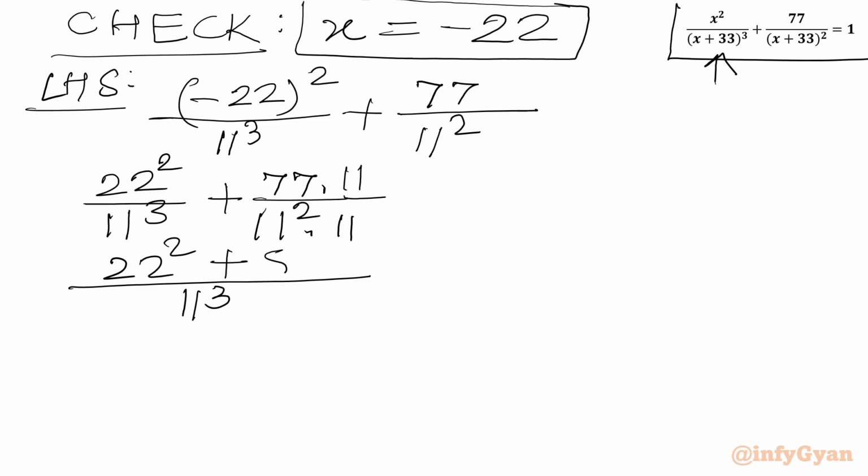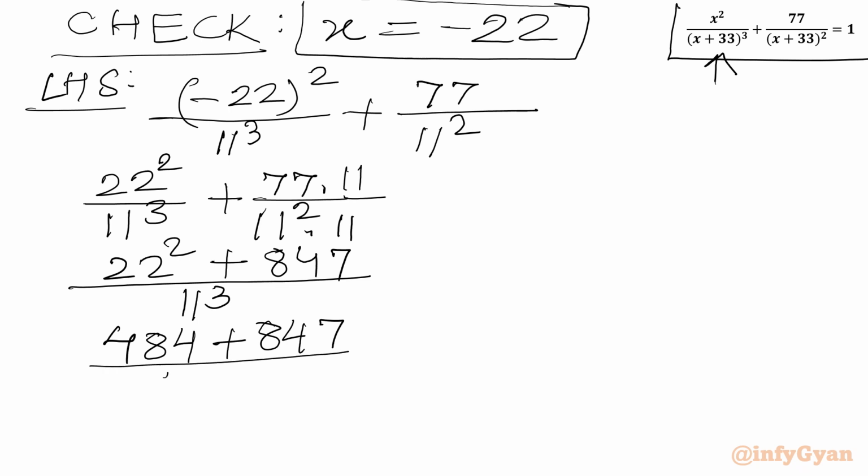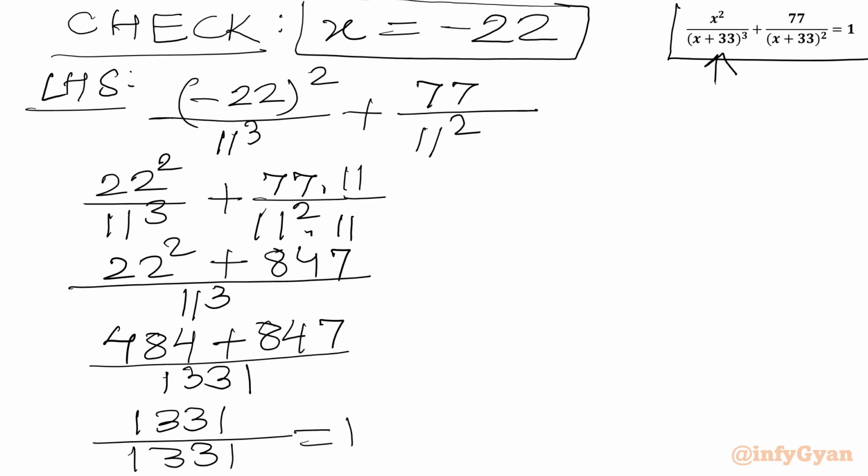This will be 847. 22 square is 484 plus 847 over 11 cube, which is 1331. Addition of both the numbers will give us 1331 again, and the denominator is 1331. We will get value 1, and 1 is our RHS. Hence our solution is true and verified.